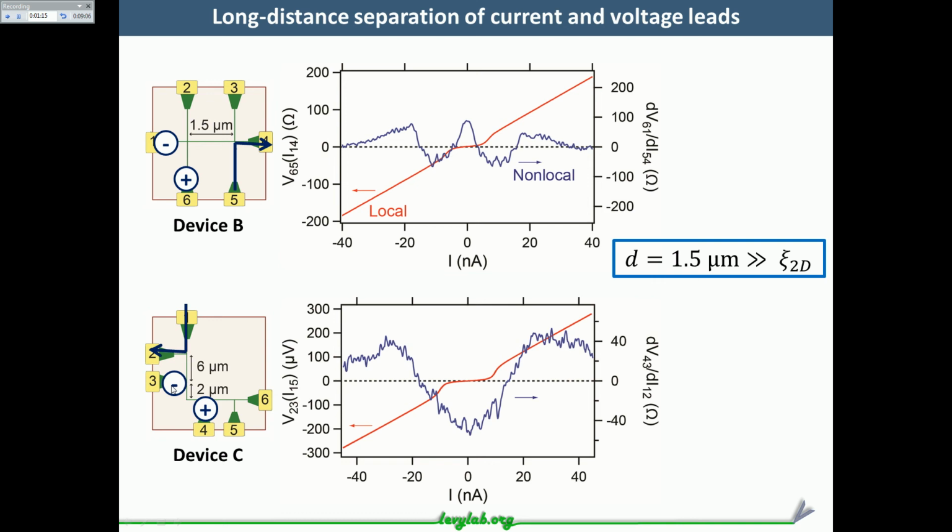I know, but suppose you reverse the sign of the current. Would you reverse the sign of the voltage? The reason I'm saying this is that in the top curve, your non-local signal peaks in the superconducting regime, and in the bottom one, it has a dip.